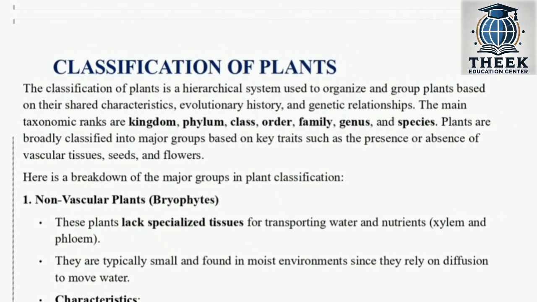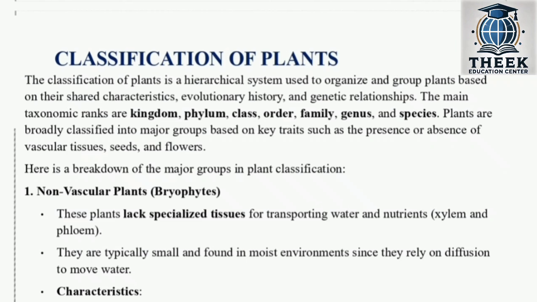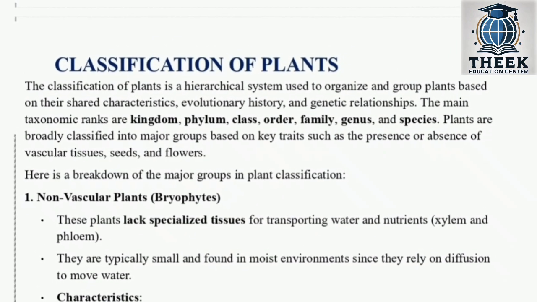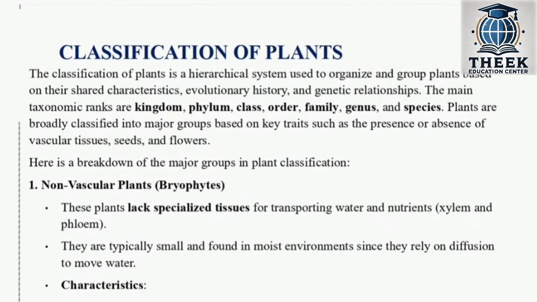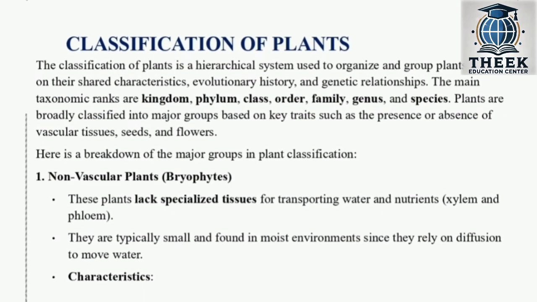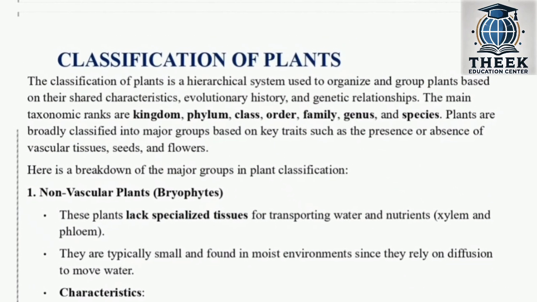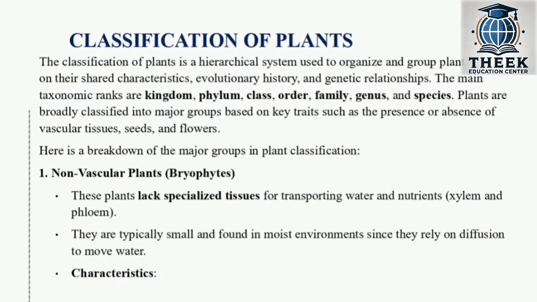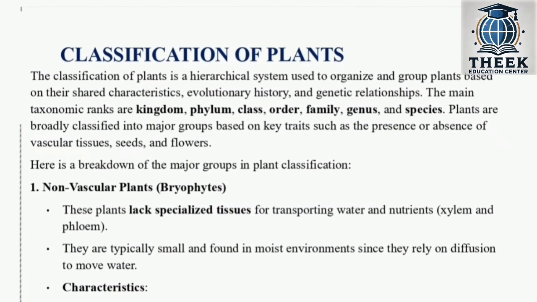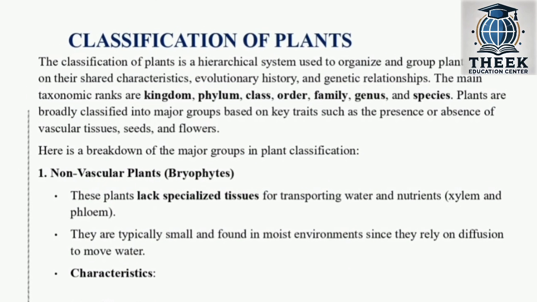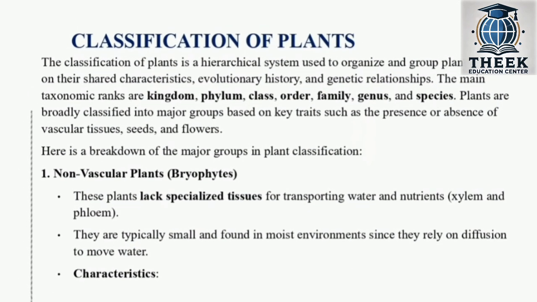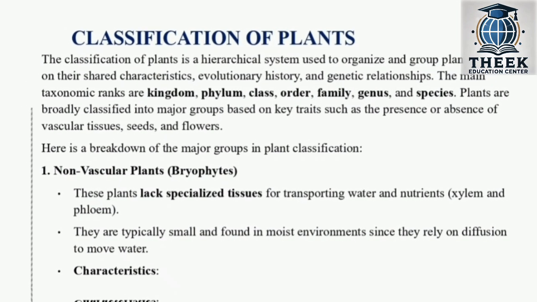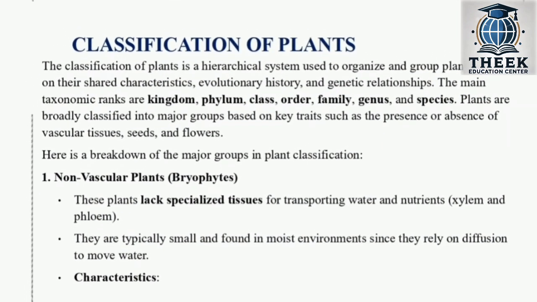The vascular tissues here, we're talking about the xylem and the phloem. We have the seed-bearing plants, and we have plants that do not bear seeds. We have the flowering plants and non-flowering plants. Those are the major features we are going to base on when classifying these plants into their respective groups. Now, let's look at the breakdown of that classification.